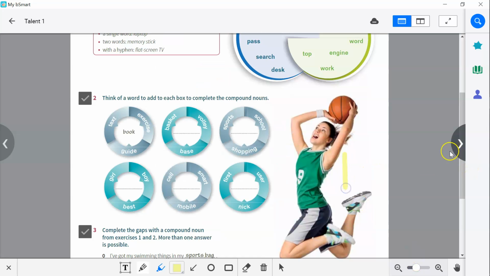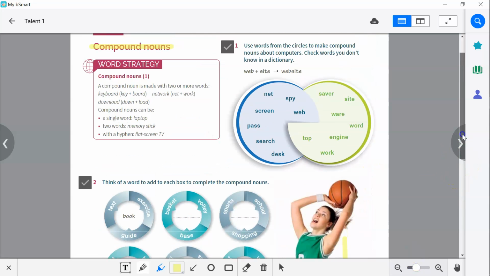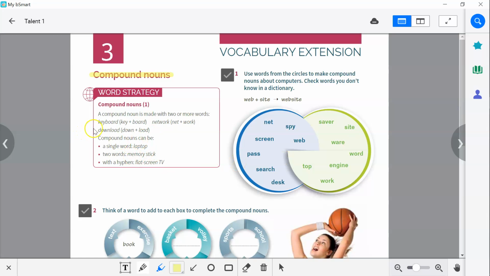For example, keyboard is a compound noun because it is made up of key and board. Or network is another compound word, because it is made up of net and work. There are a lot of compound words in English.